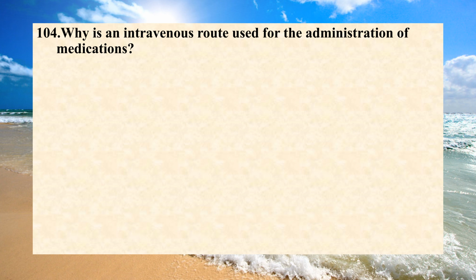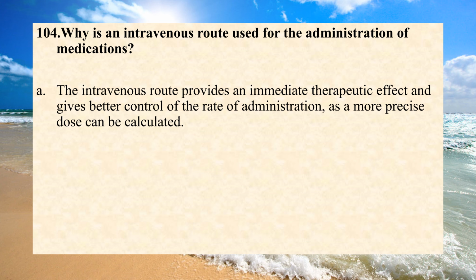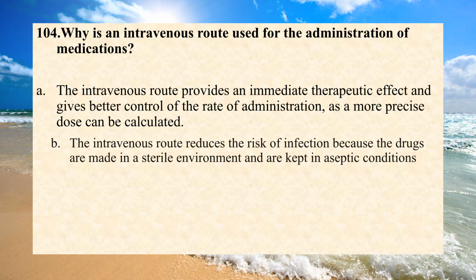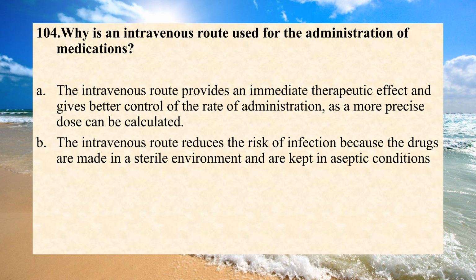Why is an intravenous route used for the administration of medication? Option A. The intravenous route provides an immediate therapeutic effect and gives better control of the rate of administration as a more precise dose can be calculated. Option B. The intravenous route reduces the risk of infection because the drugs are made in a sterile environment and are kept in aseptic conditions.